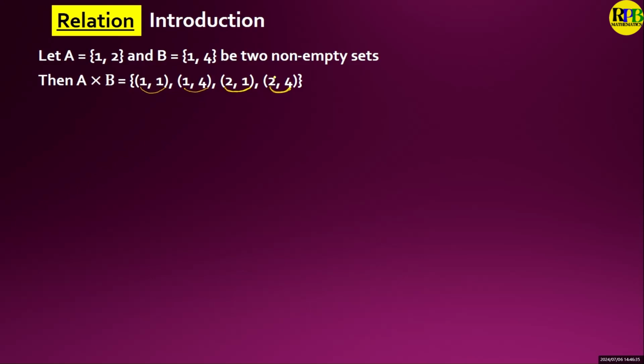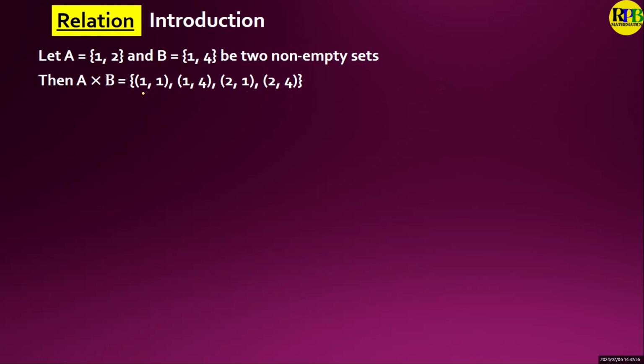Either you will say X component, that means first component, is square root of second component, because 2 is square root of 4, no? Or you can say Y component is square of X component, or you can say Y component is twice the X component.